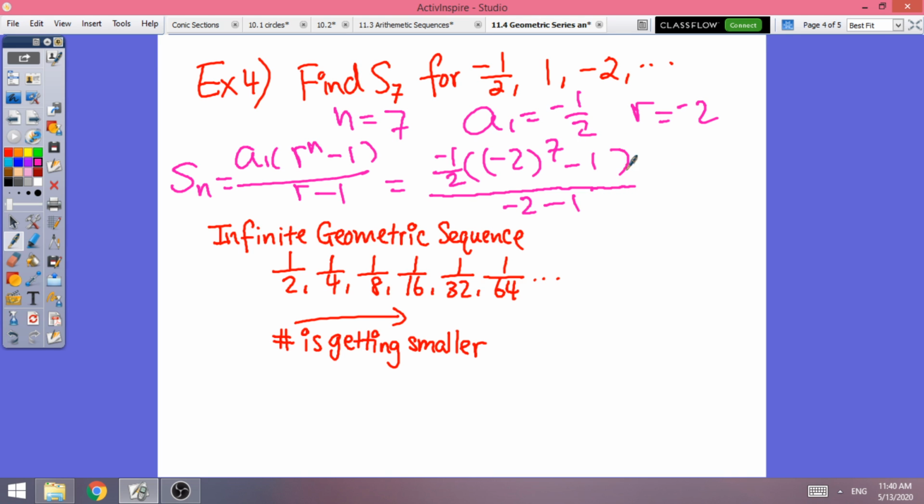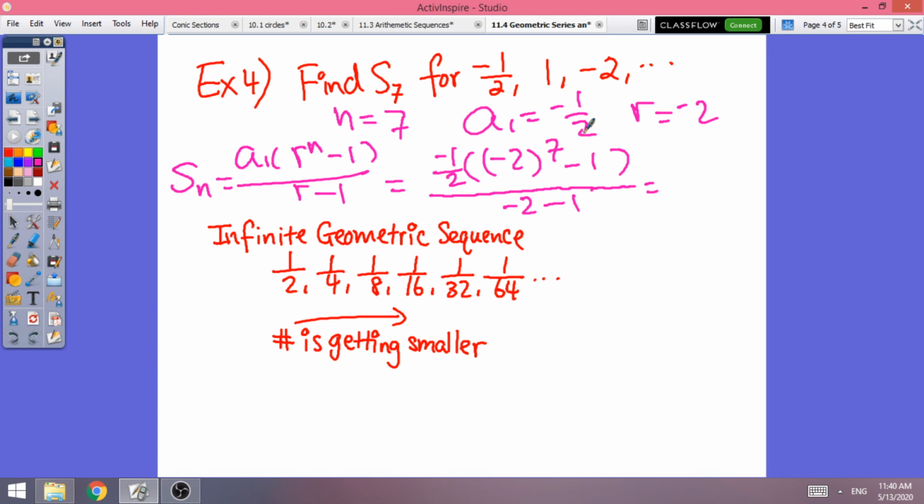We have to be careful with the sign changes here, there are so many negatives and minuses. One thing at a time, PEMDAS: exponent inside of parentheses first. So negative 2 to the power of 7. Negative 2 to the power of 5 would be negative 32.